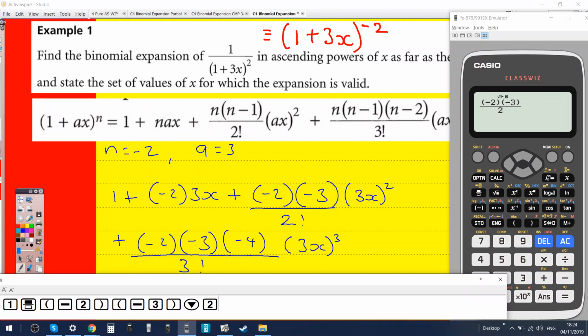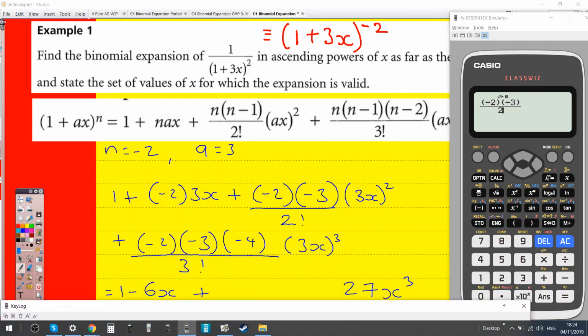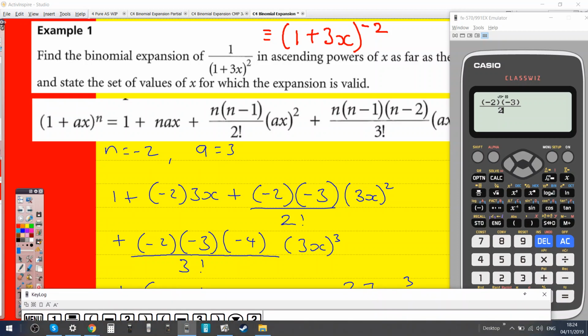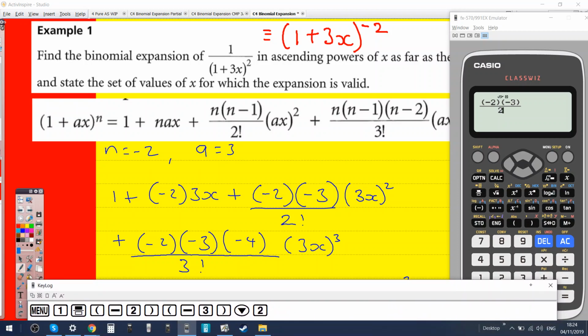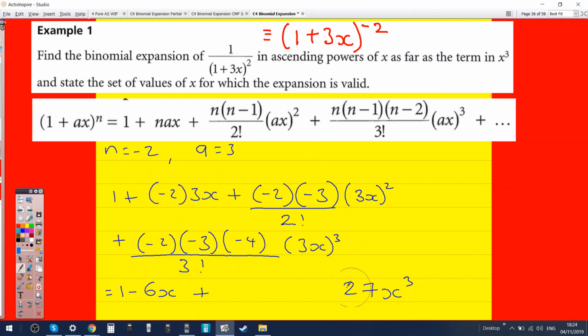Where is the factorial button? Or you have a graphical calculator, do you? I've got a slightly different one, yeah. It's in probability. Okay. Yeah, so it turns out they were both 27, oddly enough. The next one isn't 27 then.